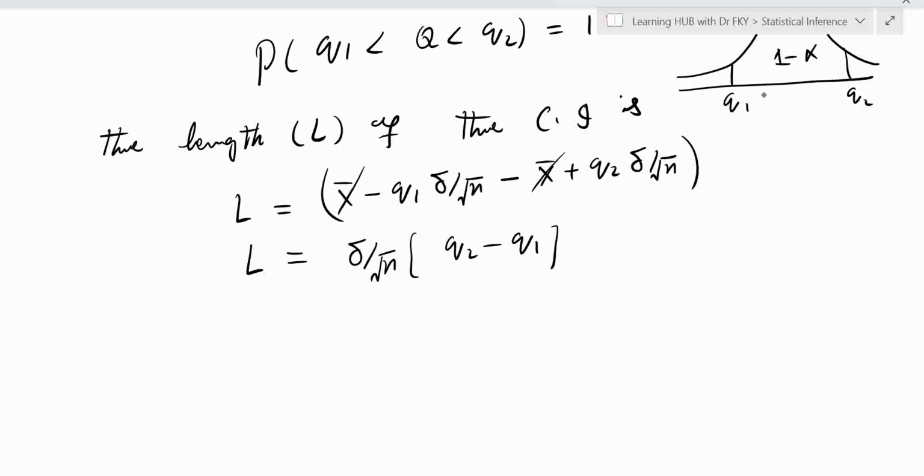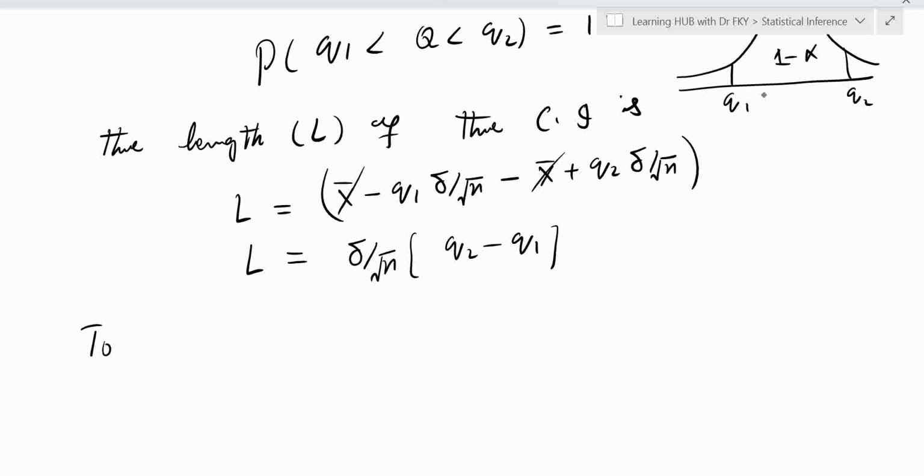To minimize, we can take the derivative. Remember that we need to take the derivative of this function with respect to Q1, treating Q2 as a function of Q1.